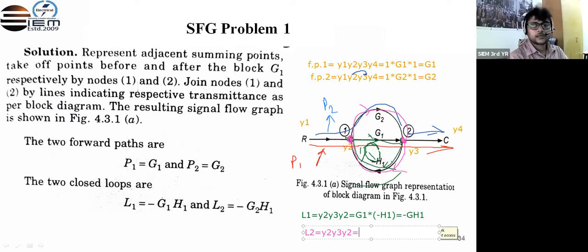Okay, and this value is given by G2 into minus H1, equals minus G2 H1. Okay, so these are the two loop gain values. Understand?